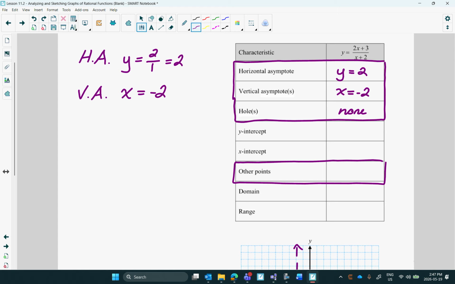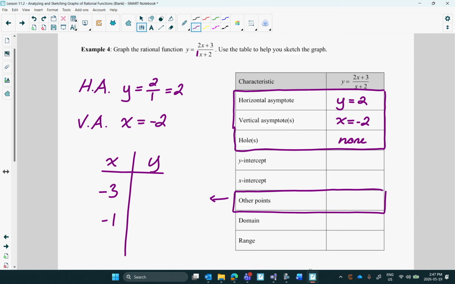So for other points, I'm going to pick numbers on either side of these. One less, one more. So one less, -3. One more, -1. And I'm going to plug them in and calculate y.